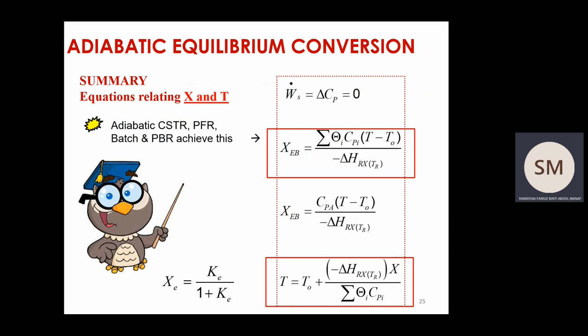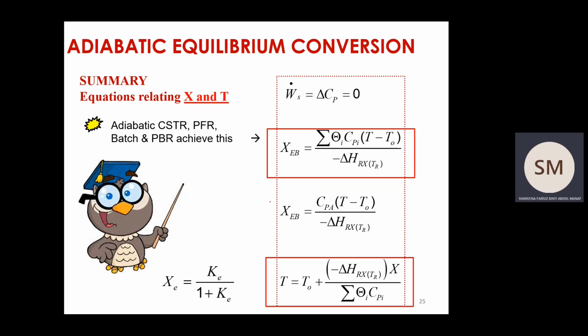Okay, so summary. Adiabatic CSTR, PFR, batch and PBR achieve this. Okay, so this X_EB is equal to sum of theta_i C_Pi (T minus T0) over minus delta H_Rx at T_R.